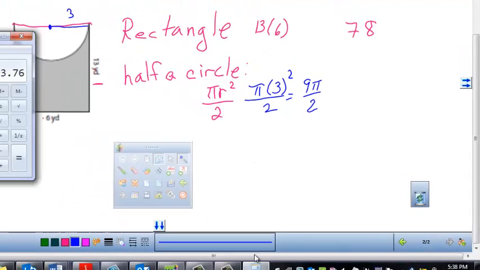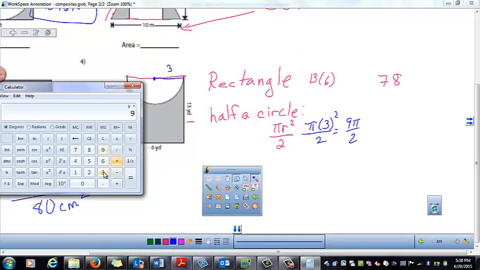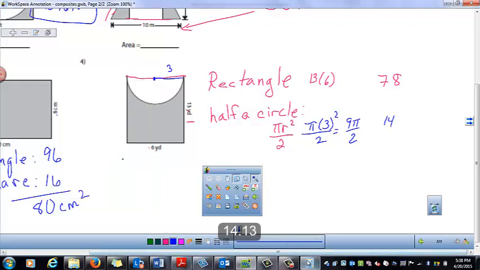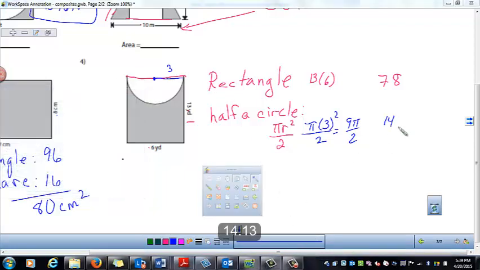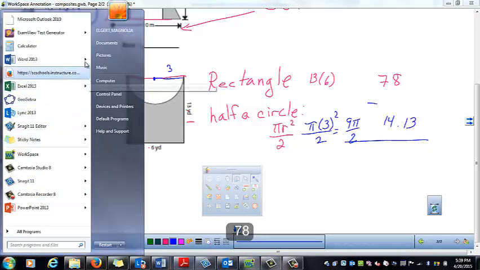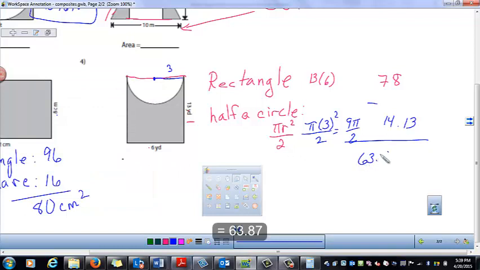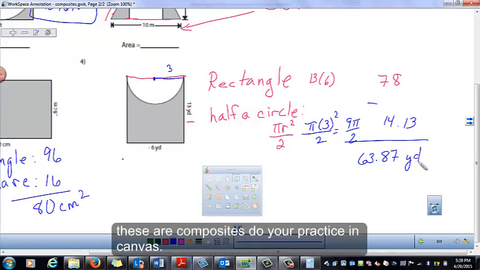I'll use my calculator. 9 times 3.14 divided by 2 gives me 14.13. And then you minus those. So you get 78 minus 14.13 and that's 63.87 squared yards. Those are composites. Do your practice in Canvas.